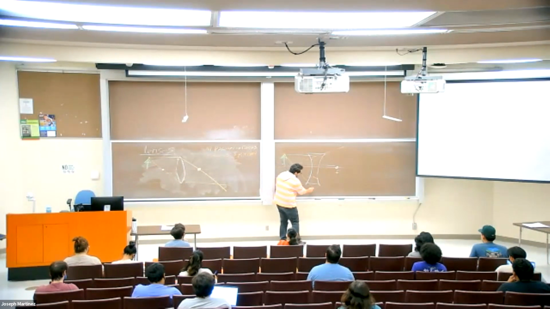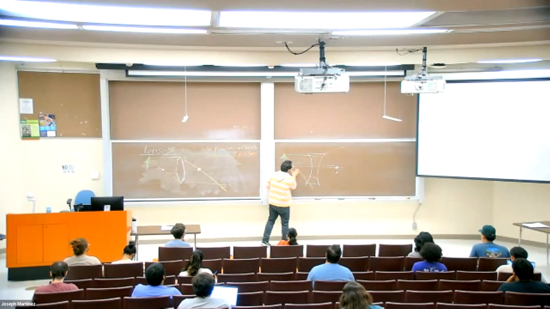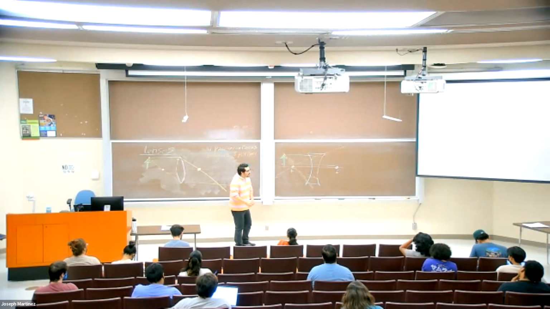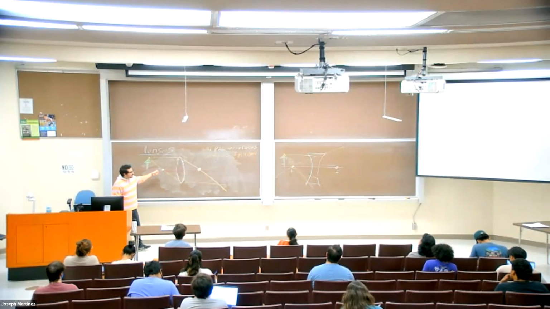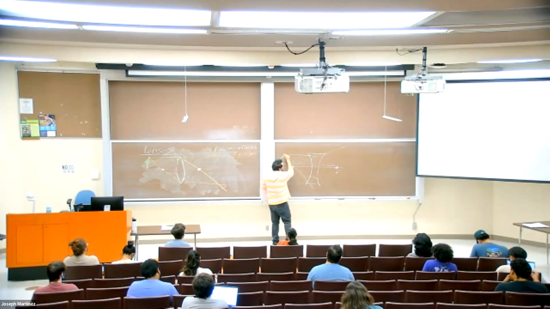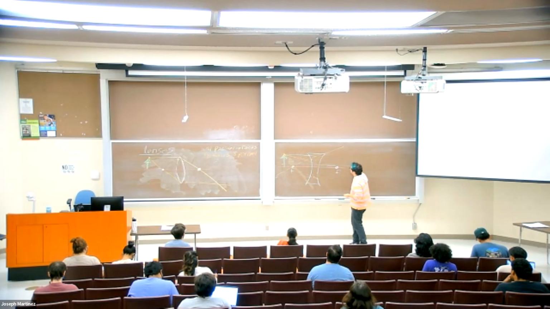But after it hits the lens, it's going to diverge even more. This is not a useful line in this case. Instead, what we're going to do is not aim for the focal point on the same side, but just like on this side where we aim for the focal point F prime, we're going to do the same thing over here. We're going to aim for F prime. But once we hit the lens, we're going to go parallel.